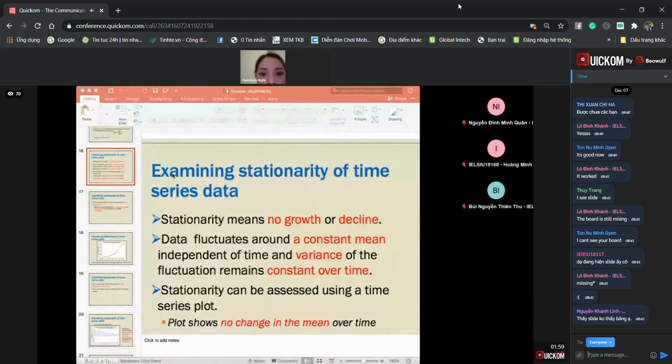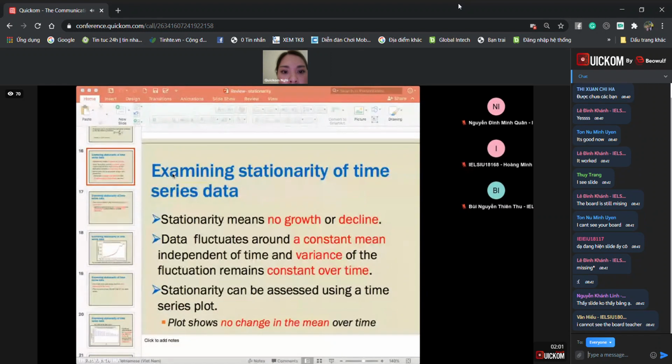For ARIMA, you remember we need three parameters: P, D, and Q. P represents AR.